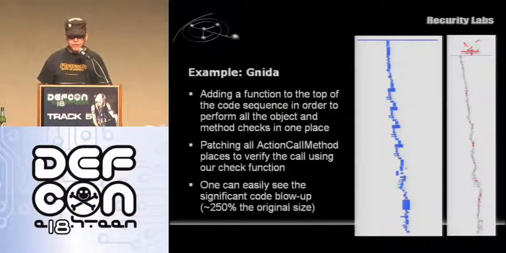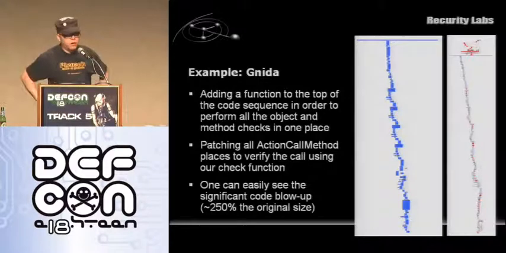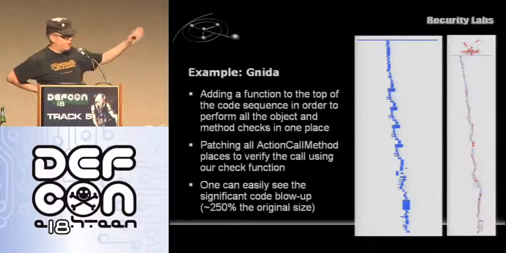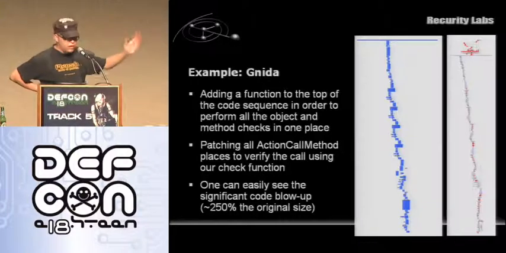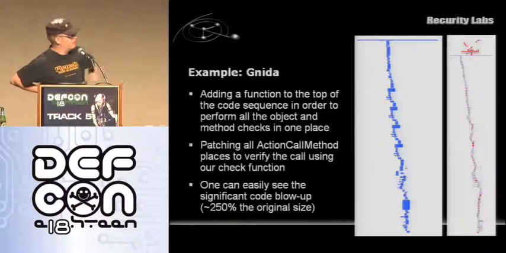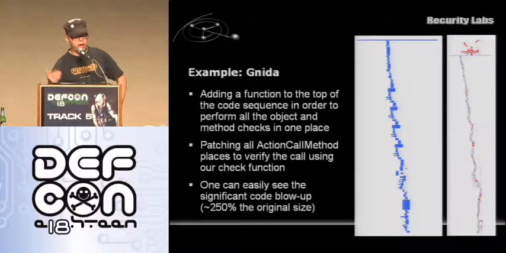When you apply this to a piece of malware, for example Gnida, you see this is the complete code of Gnida. The one to the left in blue is the original code. The one to the right is the same code, and all the red dots and places you see there are where we patched in additional checks automatically.